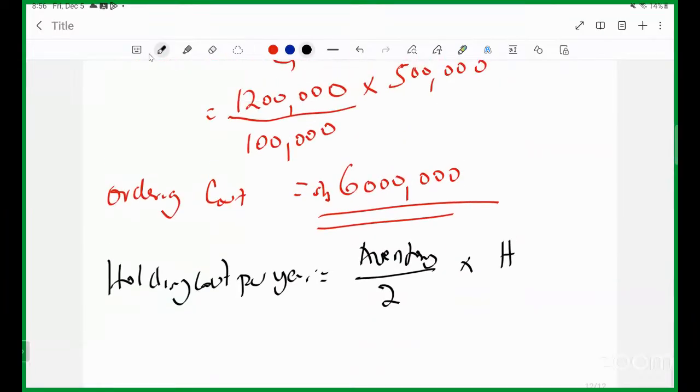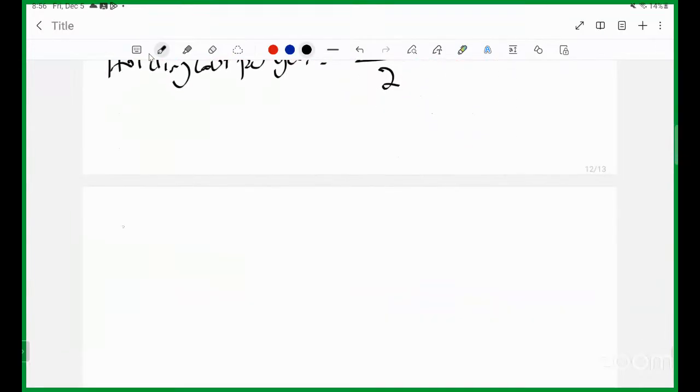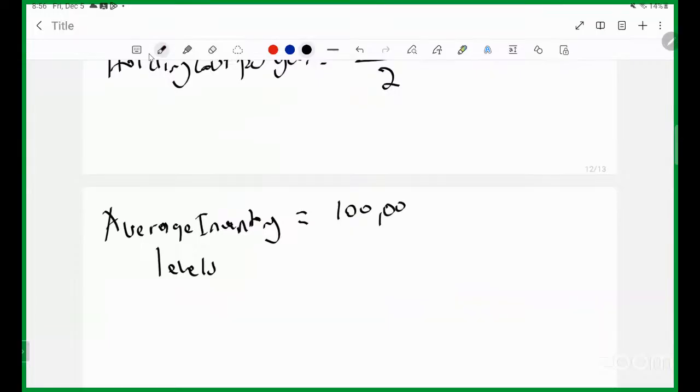But remember, to get the average inventory levels, they are going to be equal to the quantity that we order every time, which is 100,000, divided by 2, plus the buffer of 40,000. The one who was asking, where do we put the buffer? This is where you put it. You put it to get the average inventory level. When you have a buffer, you add it.